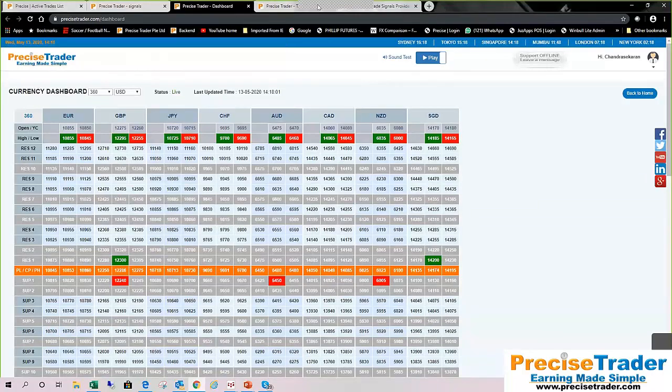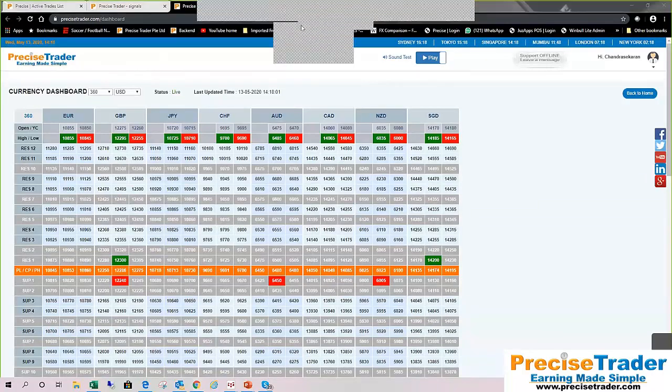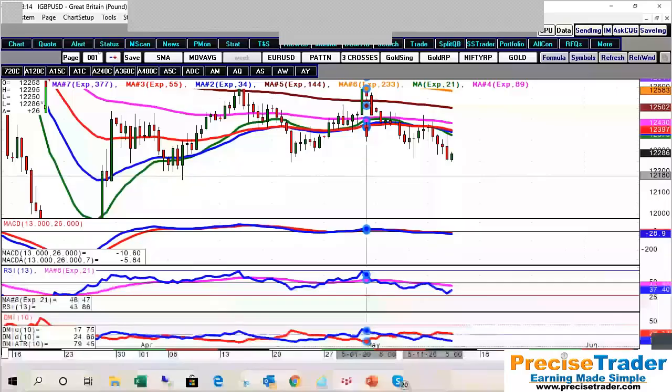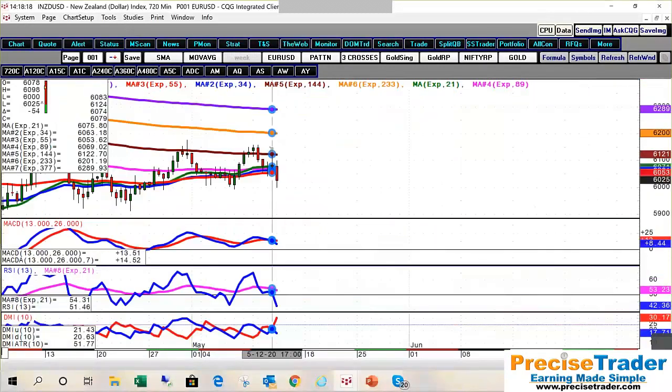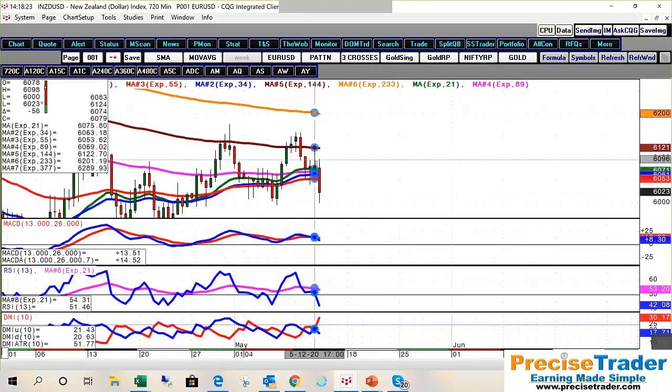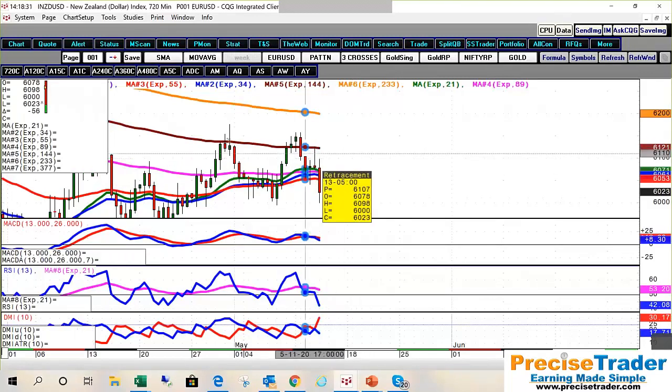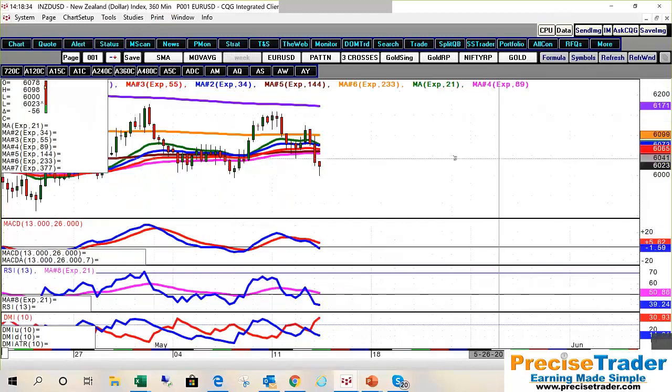Let me double check with the chart. Right now, our chart high is 60.98, so 61 was our level. I think that sounds good.